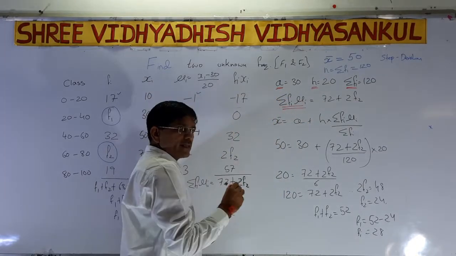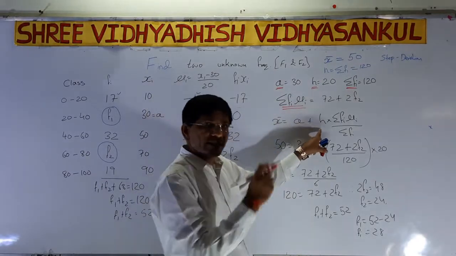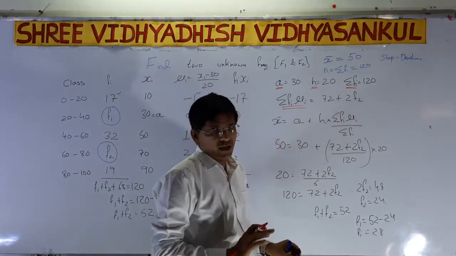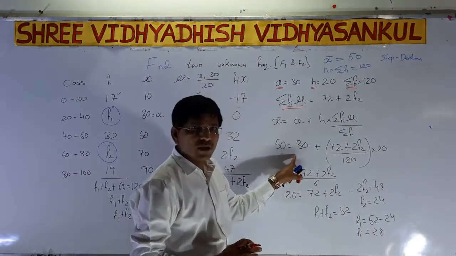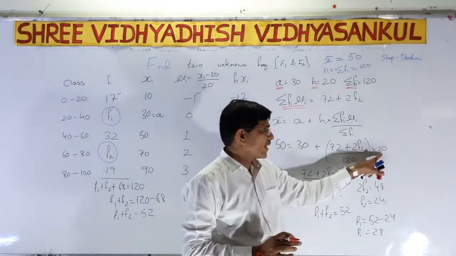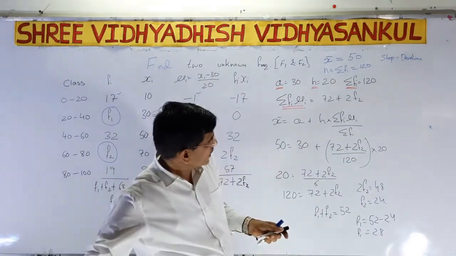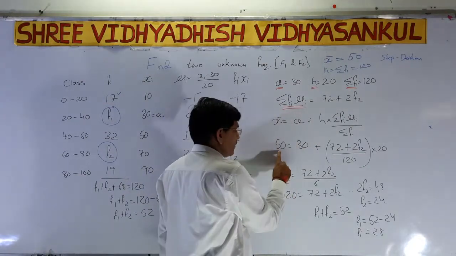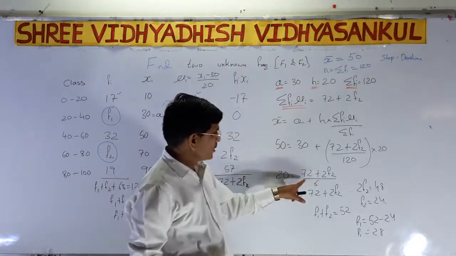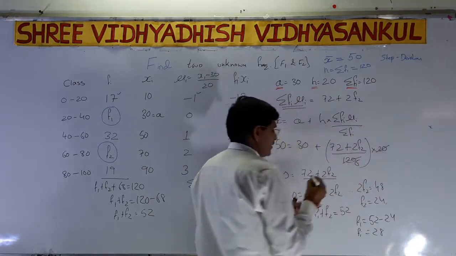Now the formula for step deviation: X bar is equal to A plus H, that is the height, multiplied by sigma Fi Ui upon sigma Fi. 50 is equal to 30 plus H, that I have written last, 20, times 72 plus 2F2 over 120. Now first of all, what do we have to shift? 30 shifts, so 50 minus 30 is 20. 72 plus 2F2, here we have to cancel as 20 and 120.